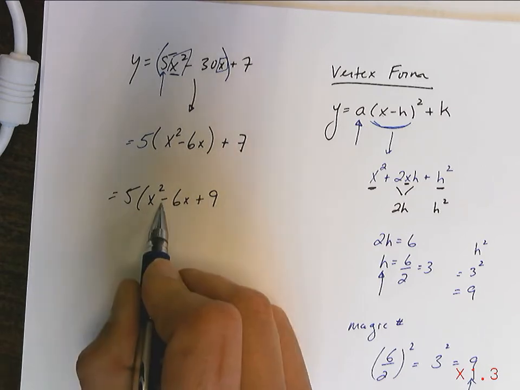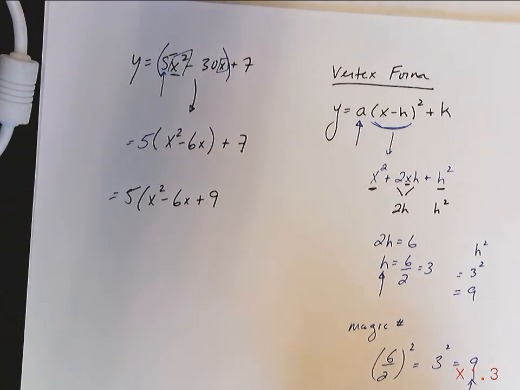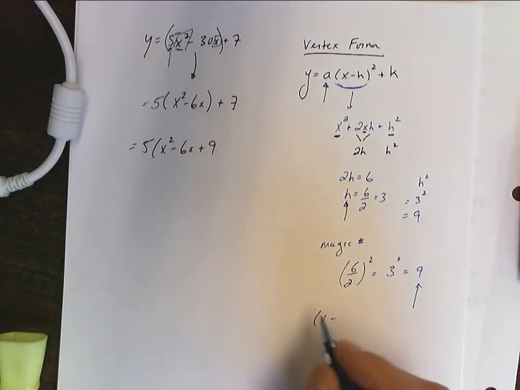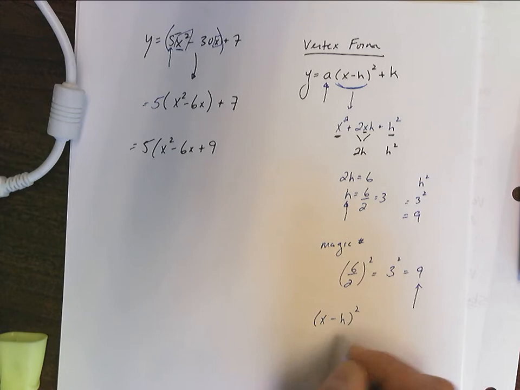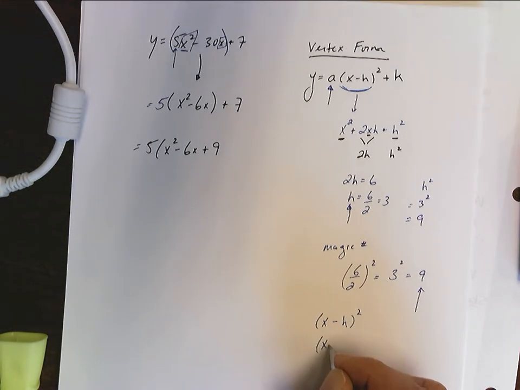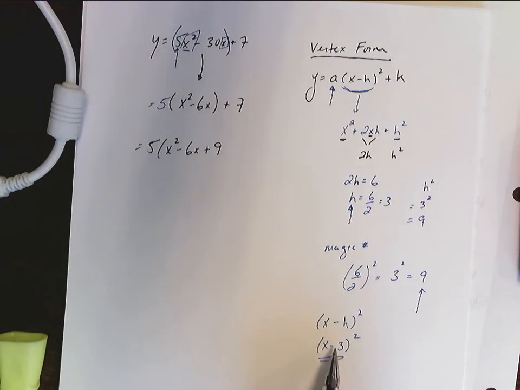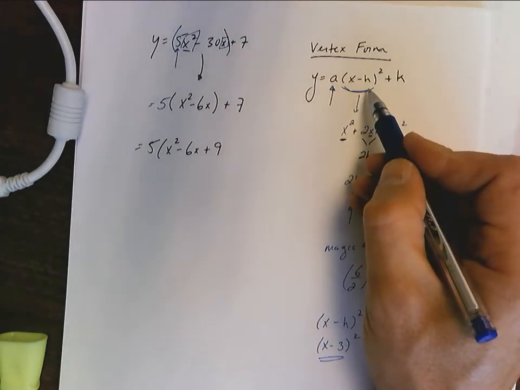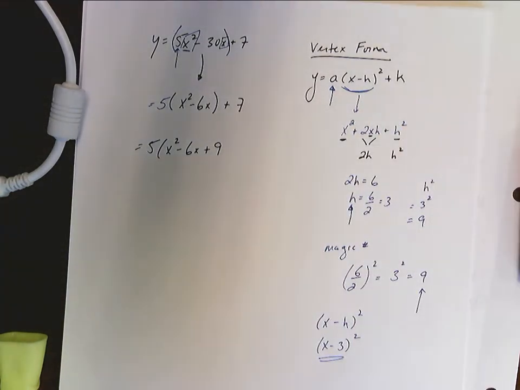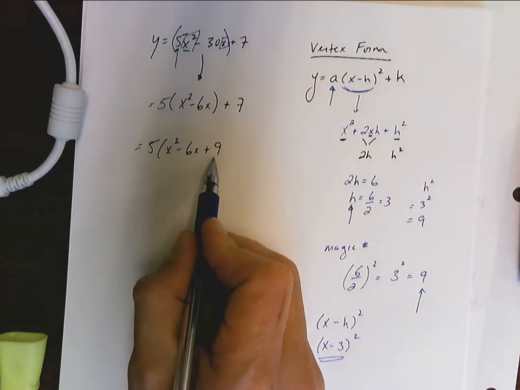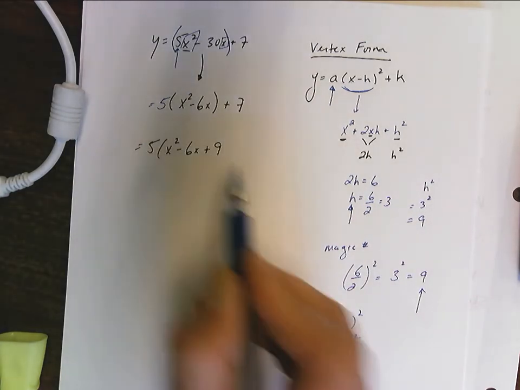This is going to be x, well, you can't see, let me do this. This is actually going to be x minus h, squared. And in this case, our h is 3. So that is that, which means I've got this. Okay, so that's why it works. I've added my magic number. That's going to give me this.